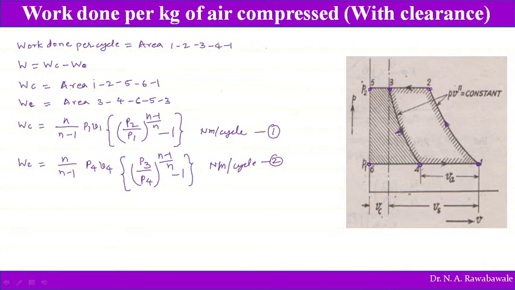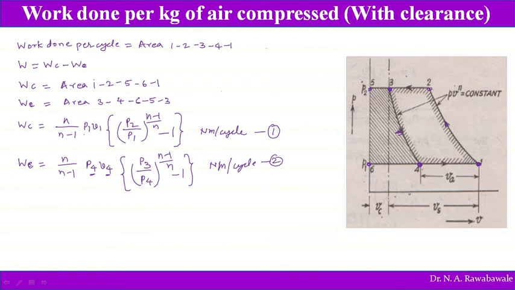So now expansion work WE is n divided by n minus 1 P4 V4. This is the lower point P4. In place of P1 we are writing P4 V4. Then P3 highest pressure divided by lowest pressure P4, where P3 is equal to P2. So here P3 divided by P4 to the power of n minus 1 divided by n minus 1.